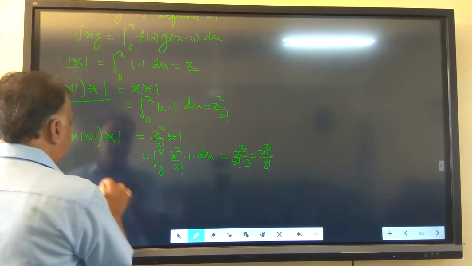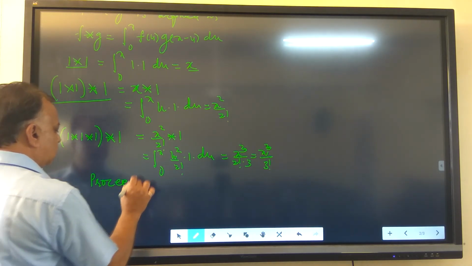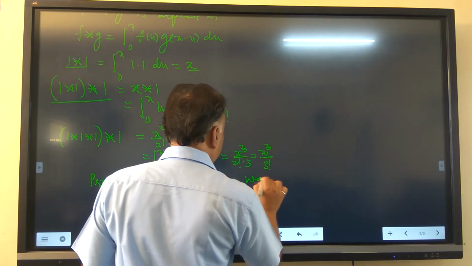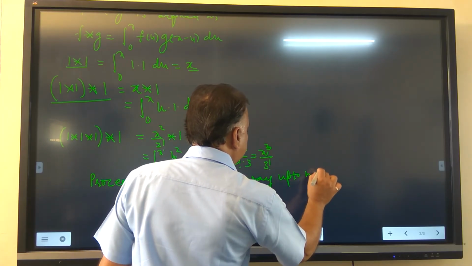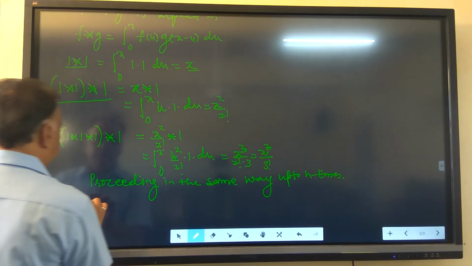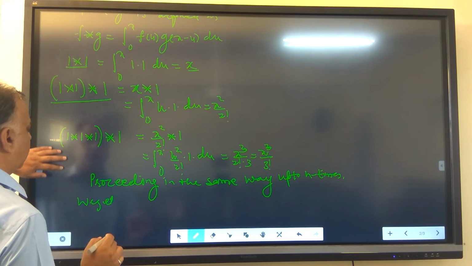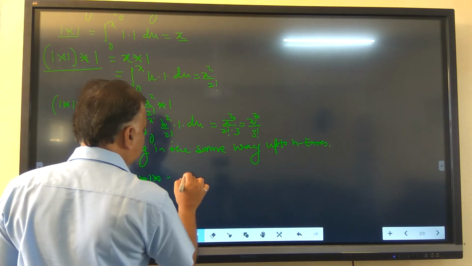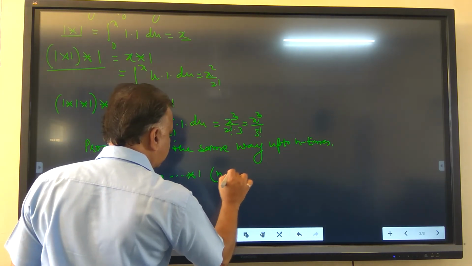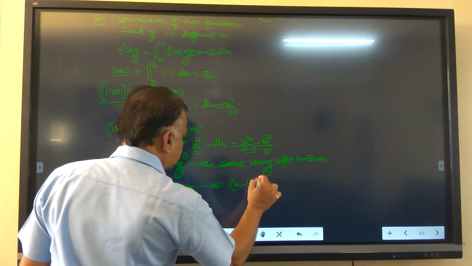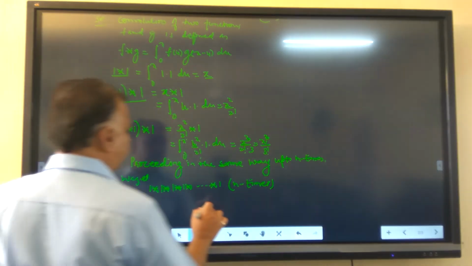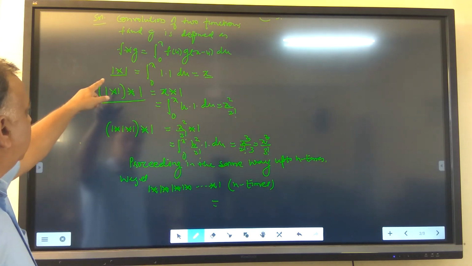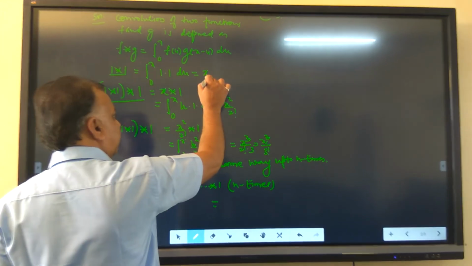So proceeding in the same way up to n times, 1 star 1 star 1 star 1, n times, we get the following. The convolution of two ones is x upon factorial 1.